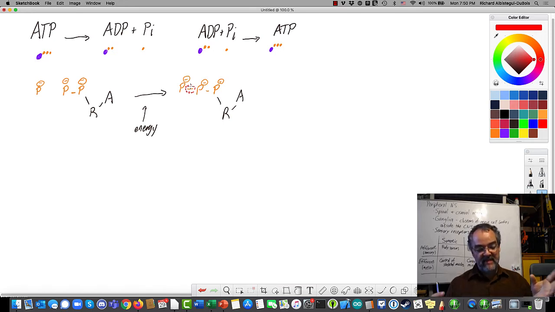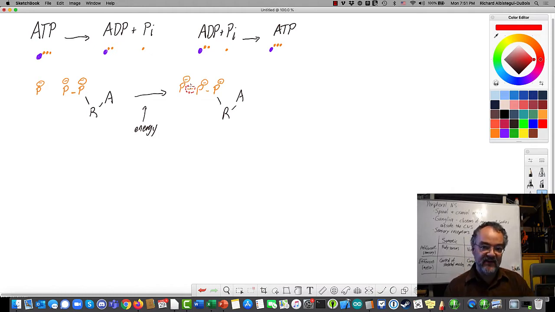If you imagine that bond is almost like a little spring that I've compressed. I had to push that phosphate in and then tie something there to hold them together. But now there's this compressed spring between them. If I cut the thing that's tying them together, bing, it's going to spring off and that phosphate is going to go flying. I'm getting some of the energy back that I put in to get it in there.